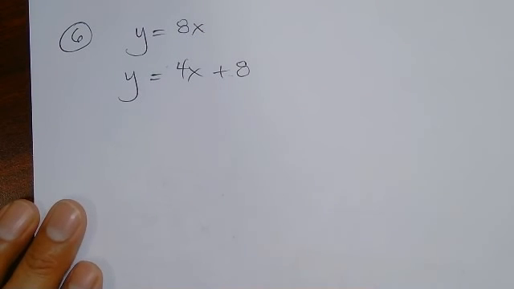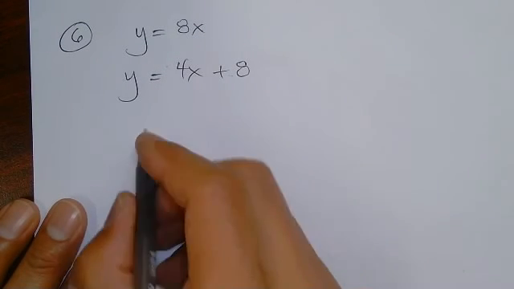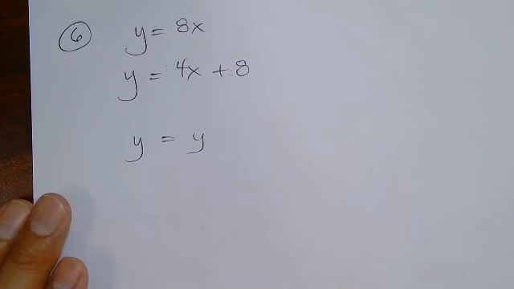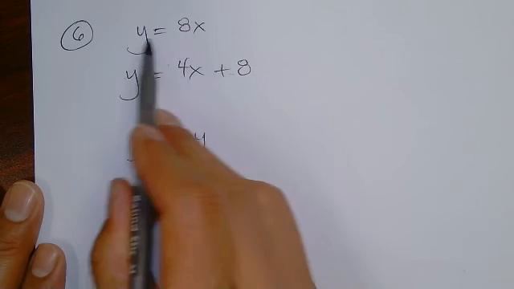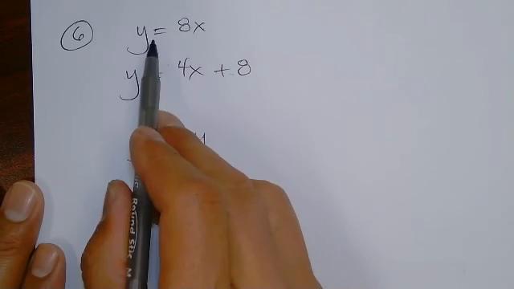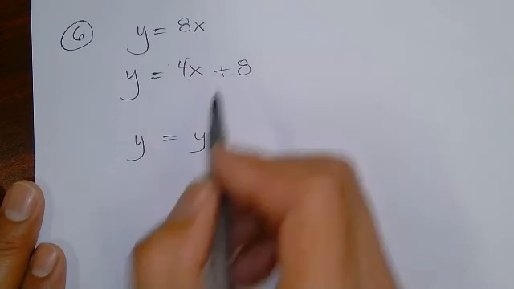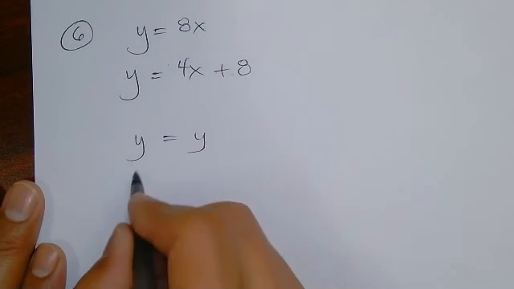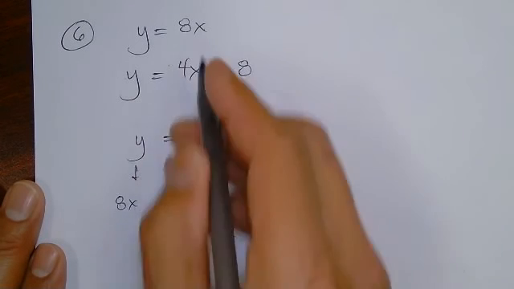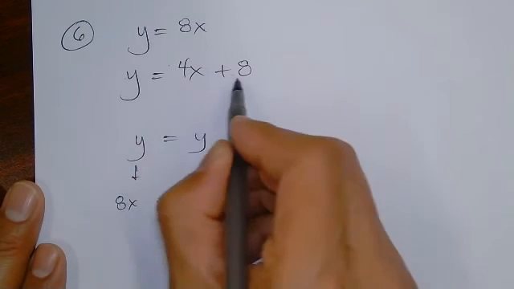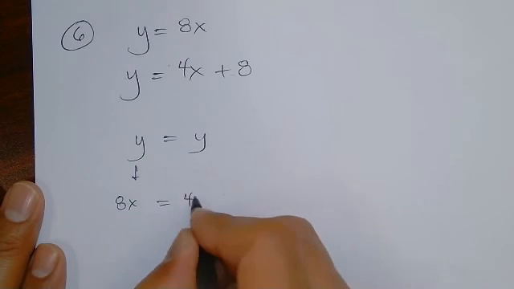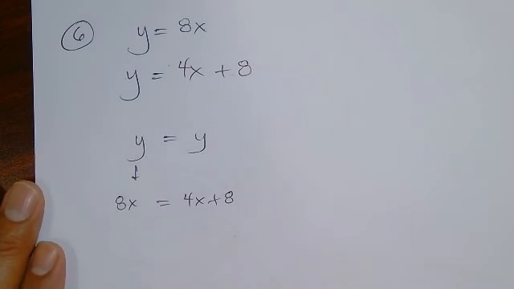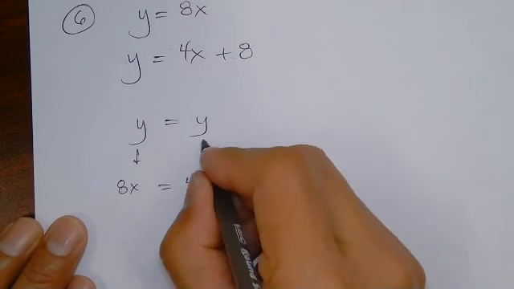Okay, so we have this scenario again. We got y is equal to this, and we got y is equal to this. Bottom line, y is equal to y. You just put the expressions equal to each other. I'll put this one, y is equal to 8x, equal to this other y over here, y is equal to 4x plus 8.